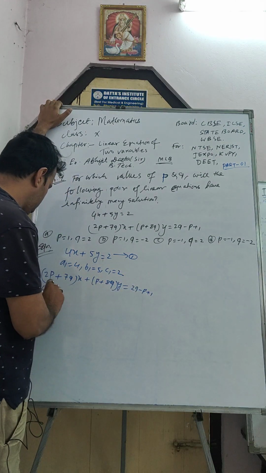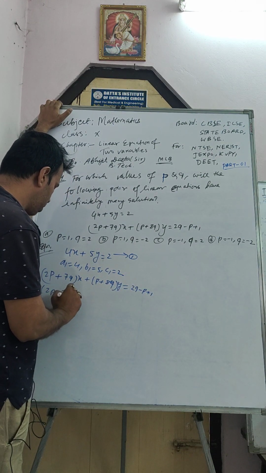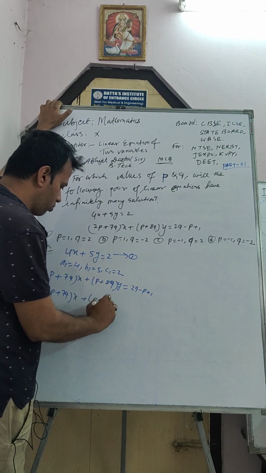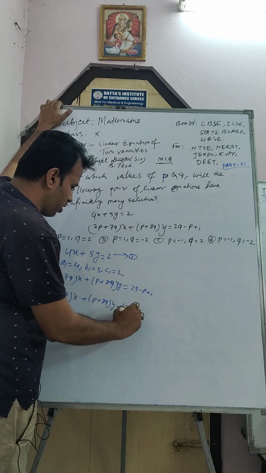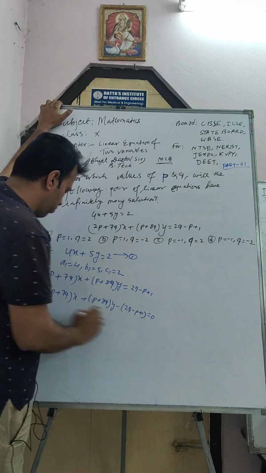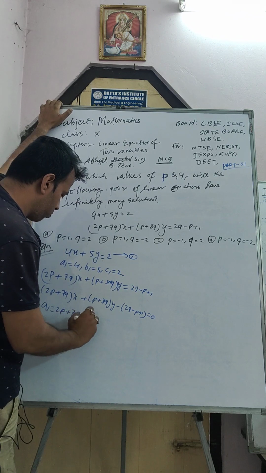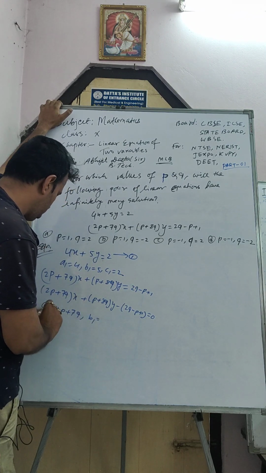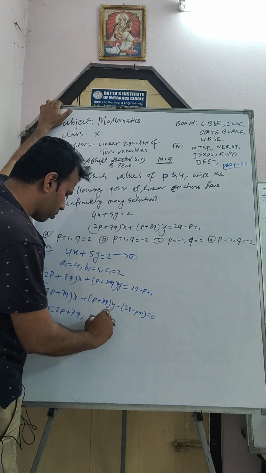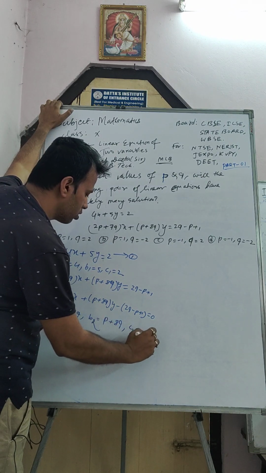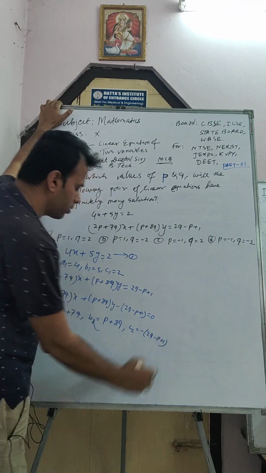So if I convert to general form, it will be something like that: 2p plus 7q x plus p plus 8q y minus 2q minus p plus 1 equal to 0. So here a2 is 2p plus 7q, b2 is p plus 8q, and c2 is 2q minus p plus 1.